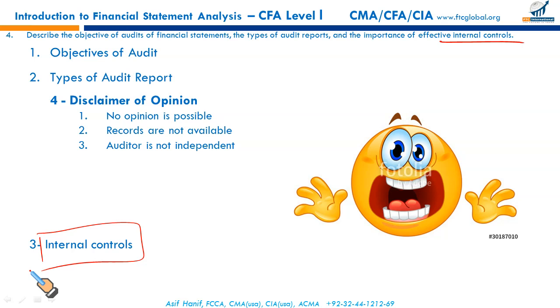There are many ways to define internal controls as per the IMA, as per the Institute of Internal Auditors, as per the Institute of Certified Public Accountants. But just keep in mind, internal control is a system of check and balance so as to keep the business operating in a smooth way, ensuring that the financial statements are in accordance with the US GAAP.